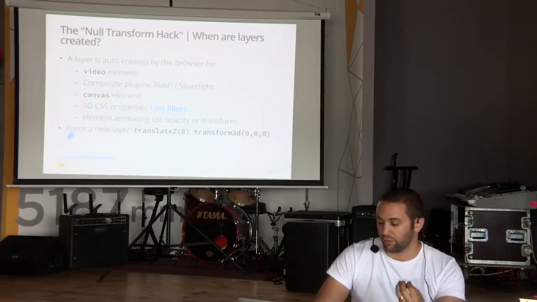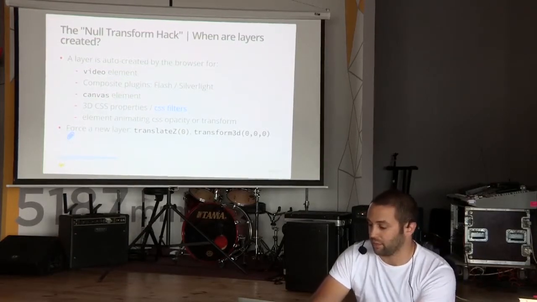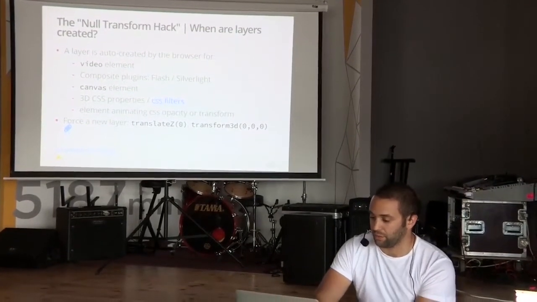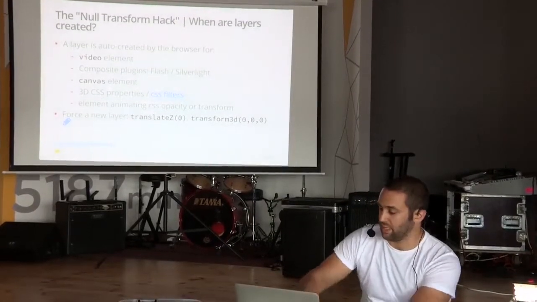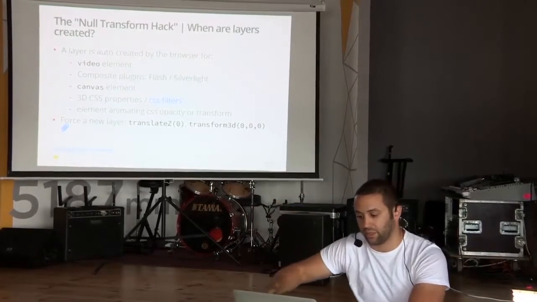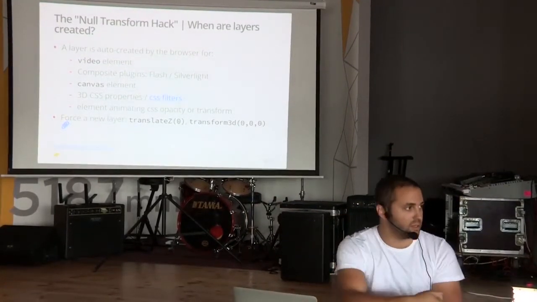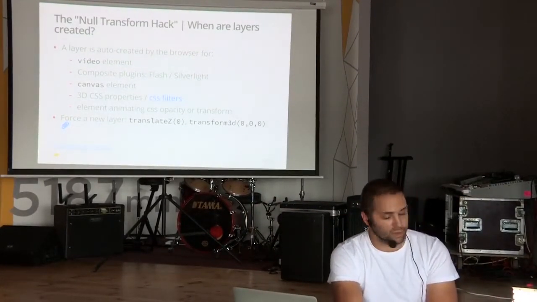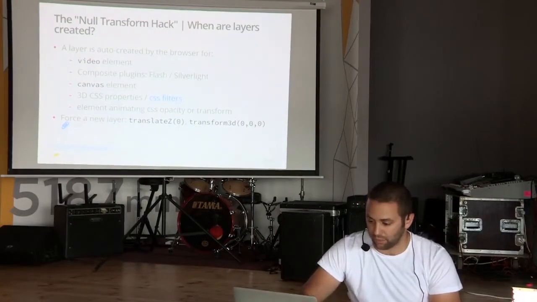But you can force a new layer by adding a translate or transform. This actually has no impact, but that does make it a 3D CSS, and you force the browser to create a new layer for that.